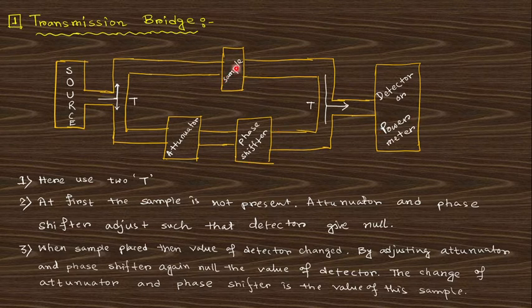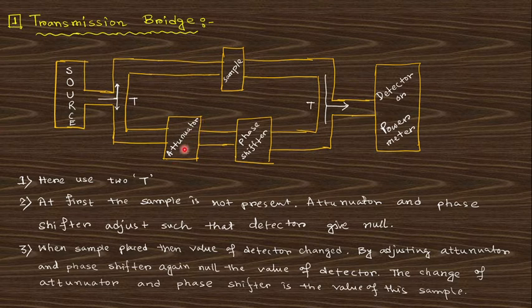Now we place the sample, then what happens? There will be a change in the power meter, and again we adjust the attenuator and phase shifter to make the power meter 0. So there is a change of attenuation before and after placing the sample, right?